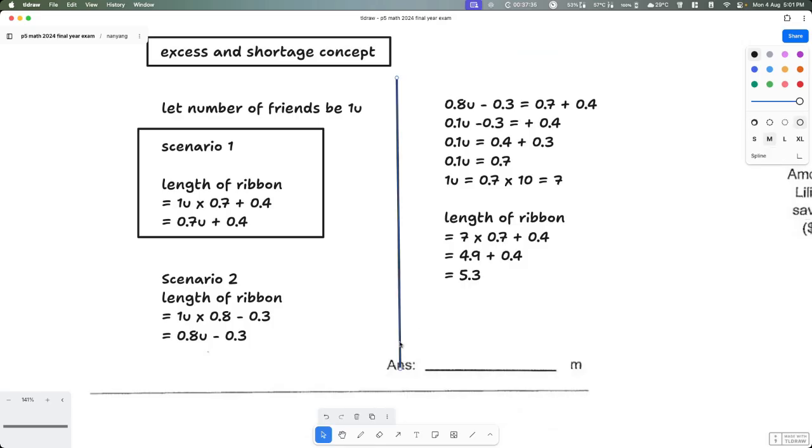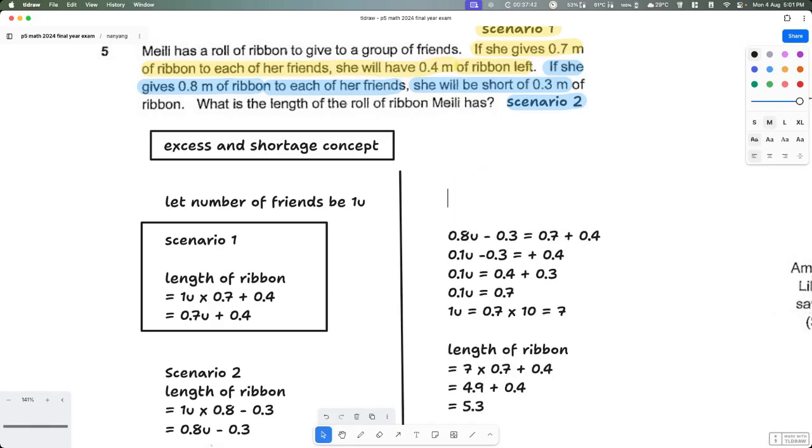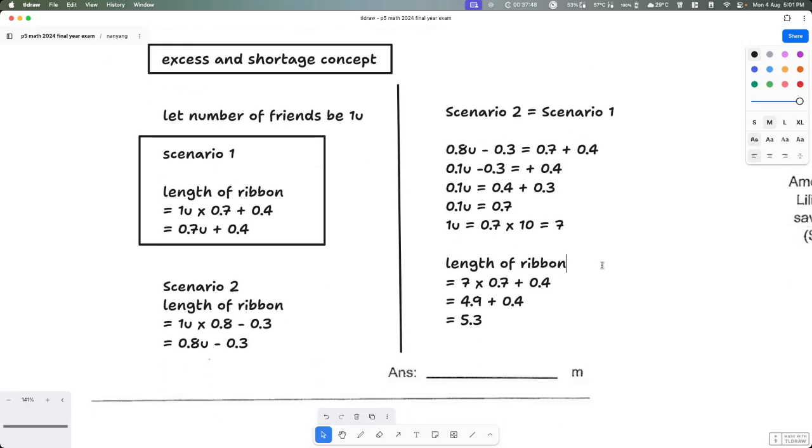There you go. So I'm going to put here scenario 2 equal to scenario 1. The answer is 5.3 meters.